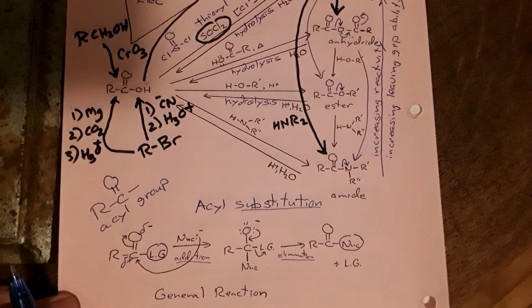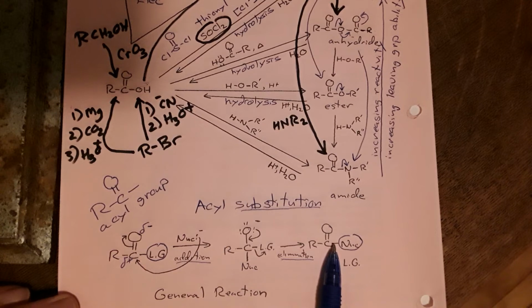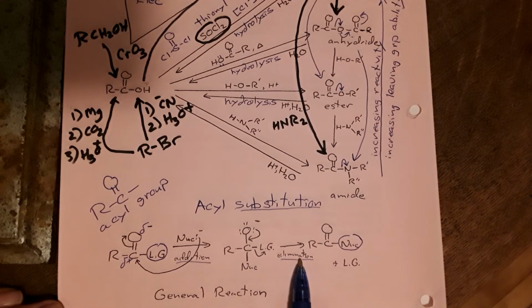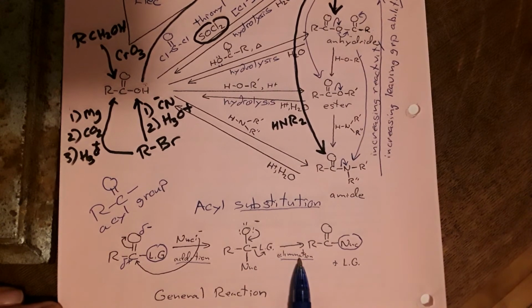The overall reaction is a substitution because we're breaking a sigma bond and forming a new sigma bond. But more importantly, we have two steps in this reaction, and every mechanism will have these two steps, even though it may have other steps of protonation and deprotonation. It'll always go in this addition-elimination order.